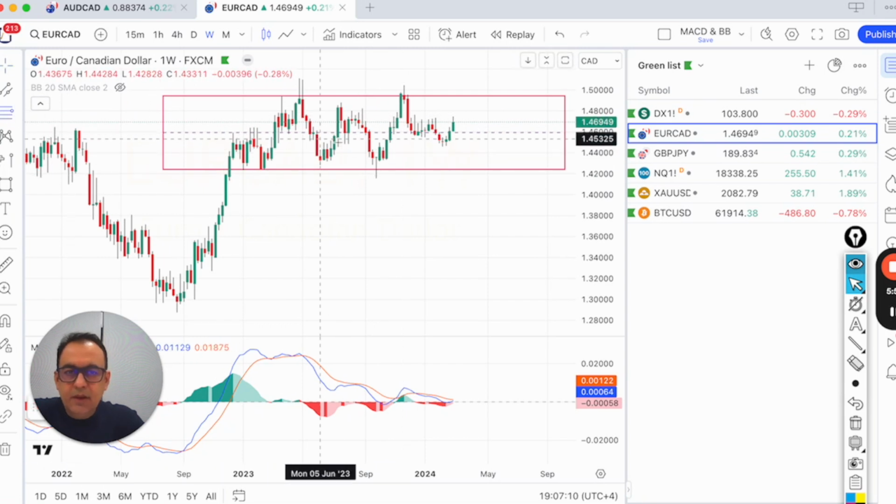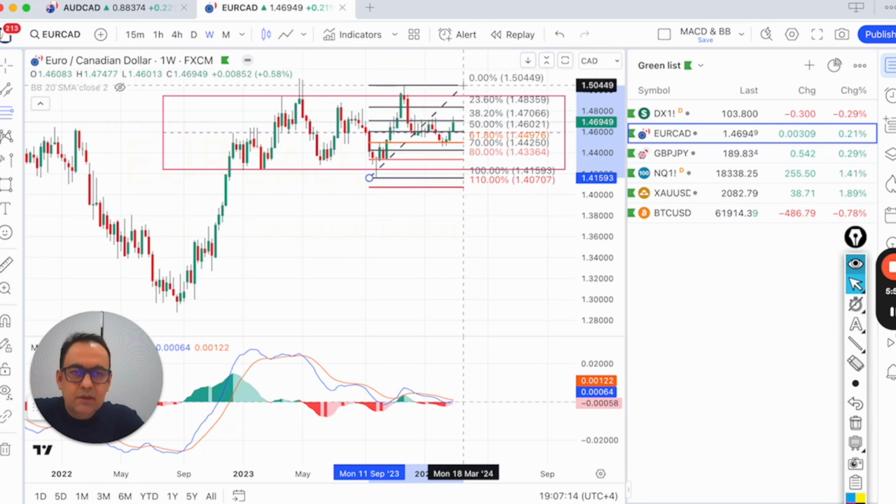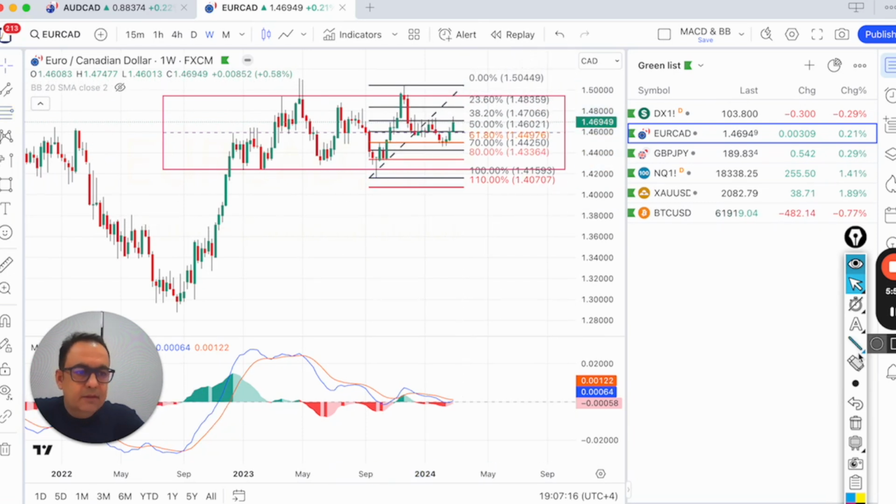So I'm going to apply Fib starting from this low point to the recent most high point, and this time it has retraced precisely to 61.8 and started moving up. So weekly is definitely bullish for EURCAD.